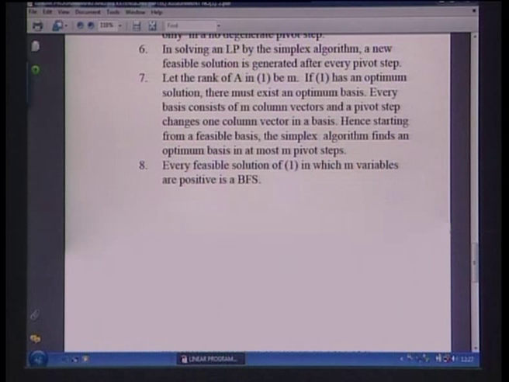In this question, they are asking you to comment. Do you agree with the statement? The statement is saying that you start with m basis vectors, so you have m columns there. Then you are replacing one column at a time, and you are trying to improve the value of the objective function. So he says that at each iteration you are replacing one basis column, so after you have replaced all the m columns, you should have reached the optimal solution.